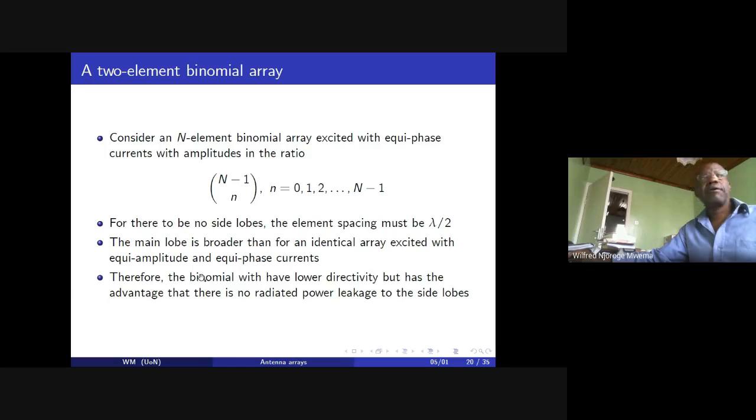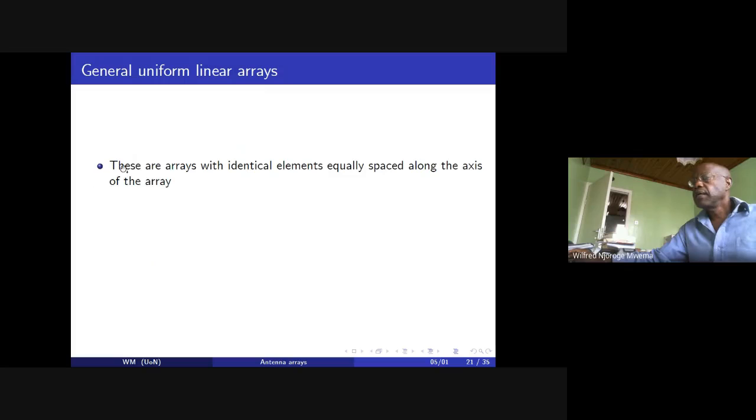Therefore, the binomial array will have lower directivity, but has the advantage that there is no radiated power leakage to the side lobes. So for general linear arrays, the arrays will have identical elements equally spaced along the x-axis, or the axis of the array.